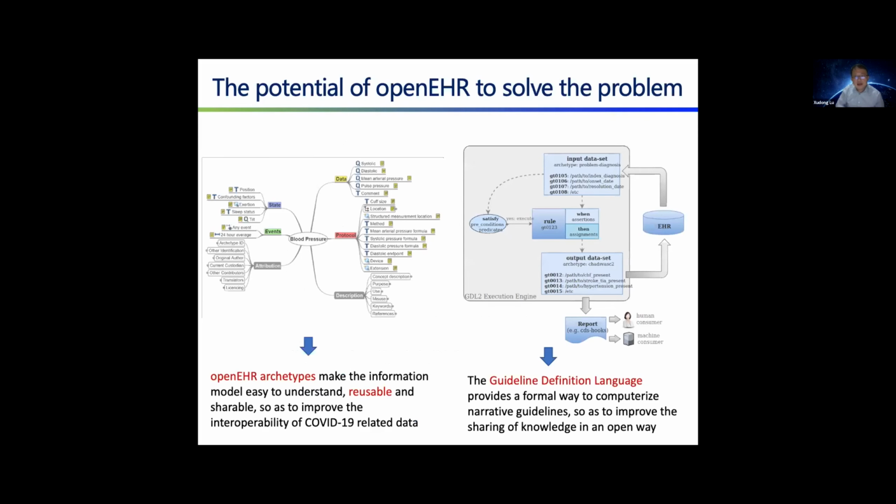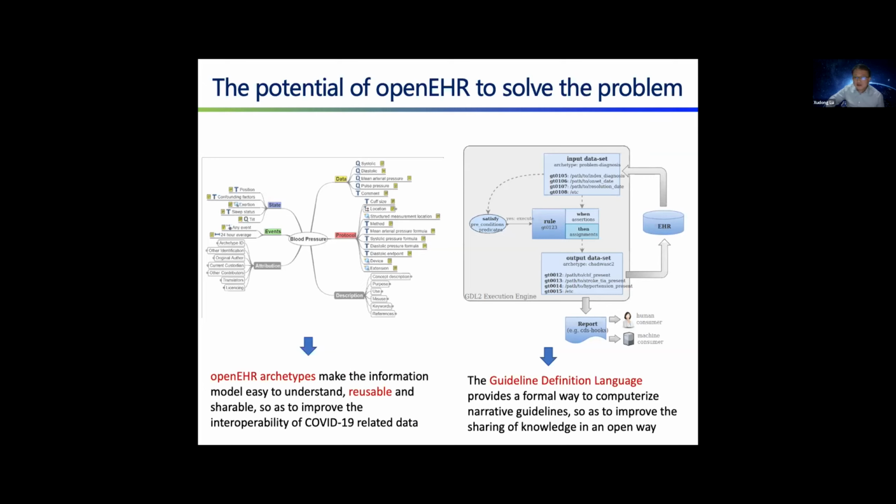The main specification of openEHR is the archetypes. These are open and shared models for the EHR area, and the models are understandable, reusable and shareable, and can improve the interoperability of COVID-19 related data.